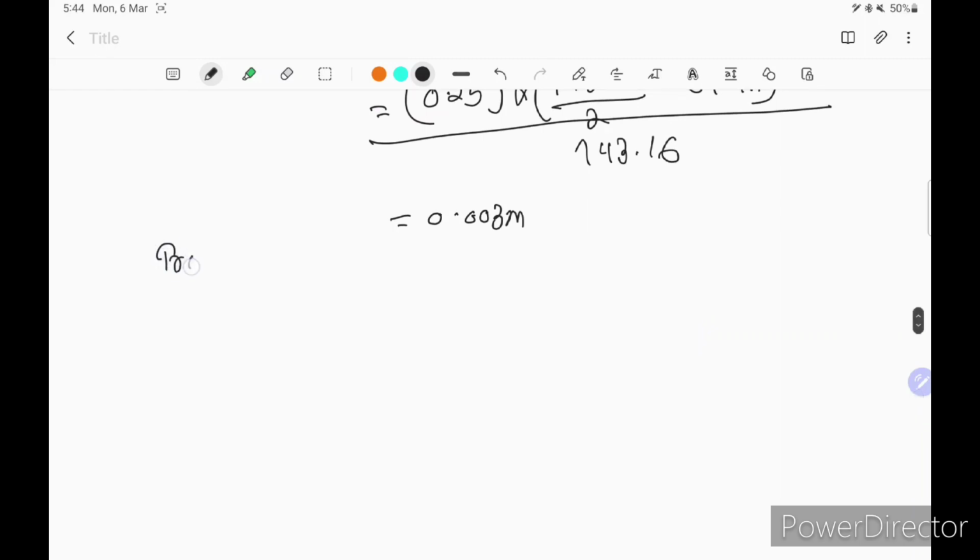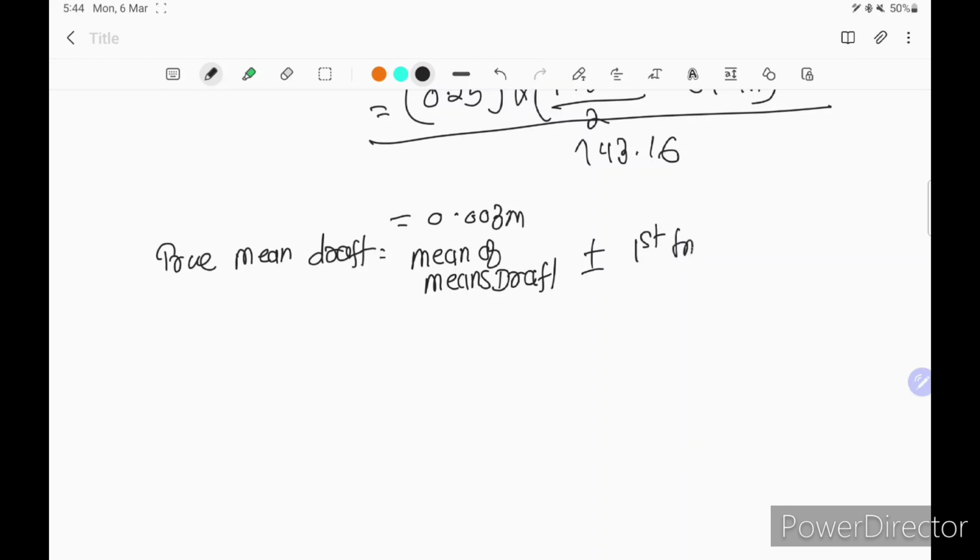Now we'll calculate the true mean draft. The formula is mean of means draft plus minus first trim correction: 8.802, mean of means draft, plus first trim correction 0.003.